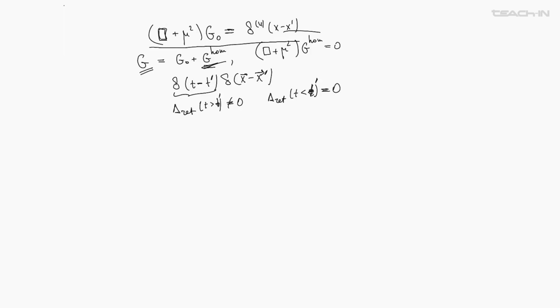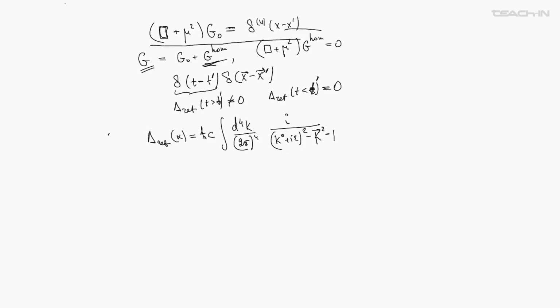So coming back to this delta retarded, what we got is that delta retarded of x is h bar c times the 4-dimensional integral over k, d4k over (2 pi)^4, a nice 4-dimensional Fourier integral, of i over (k0 plus i epsilon) squared minus k squared minus mu squared, and then the exponential, minus i k x.